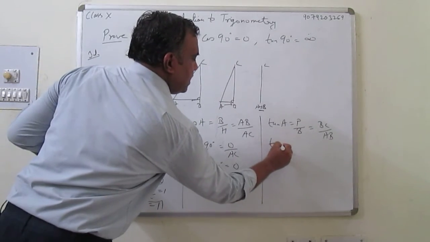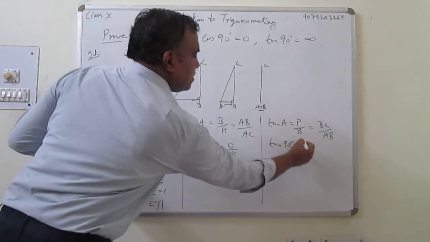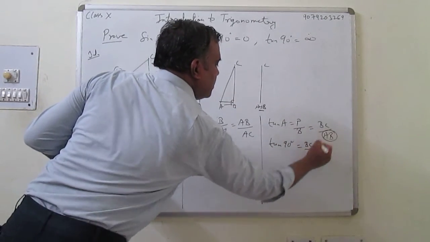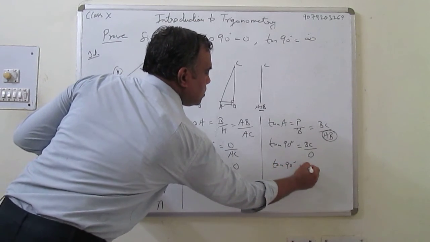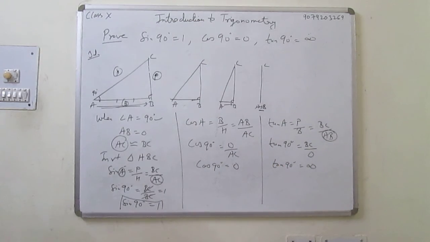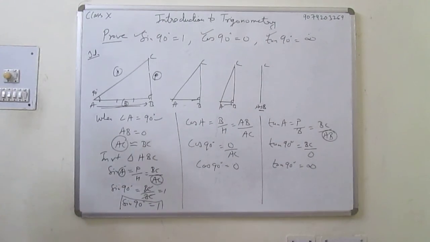Now tan 90 is BC upon AB, and AB is 0. Anything divided by 0 is infinity. So this proves sin 90 is 1, cos 90 is 0, tan 90 is infinity.